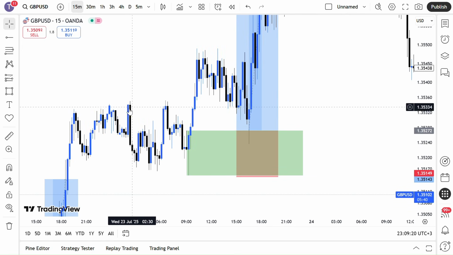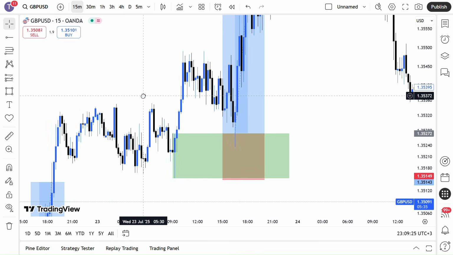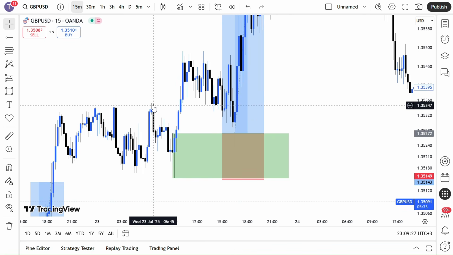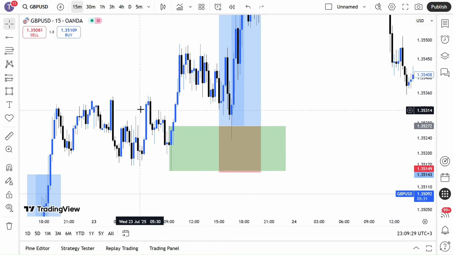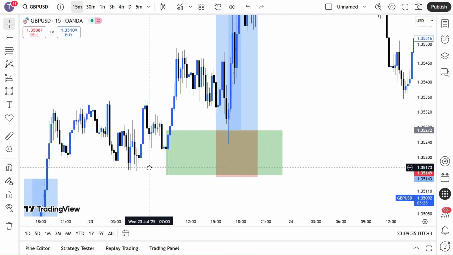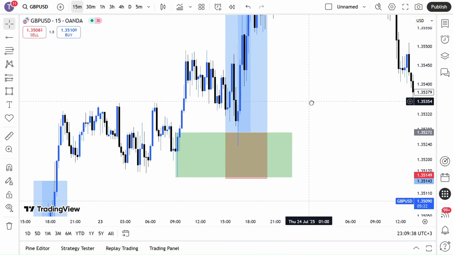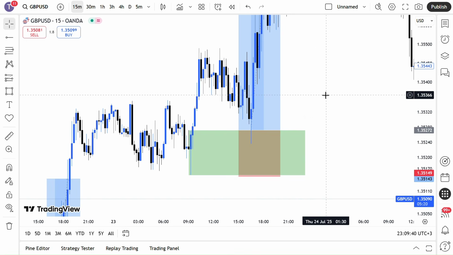So they will be looking to sell from this higher time frame. When I saw this sweep of liquidity, I knew very well that the market would come back again to sweep this low, and after the sweep of this low, from there I will have my clear market direction.